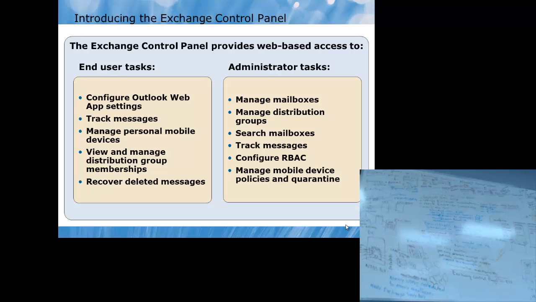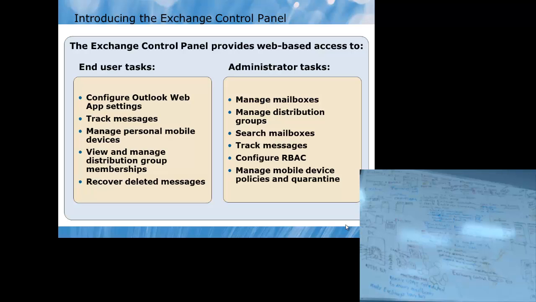They can configure their Outlook Web App settings, track messages, manage personal mobile devices, view and manage distribution group membership, and recover deleted messages. So from ECP, a normal end user can do this. Every user can access them. And then administrators can manage mailboxes, manage distribution groups, search mailboxes, track messages, do permissions, and manage mobile devices.